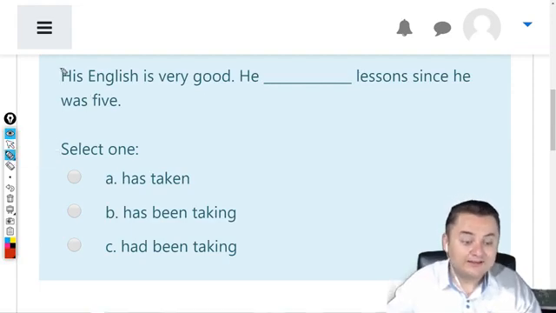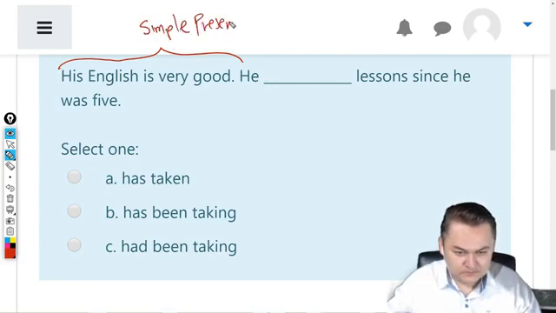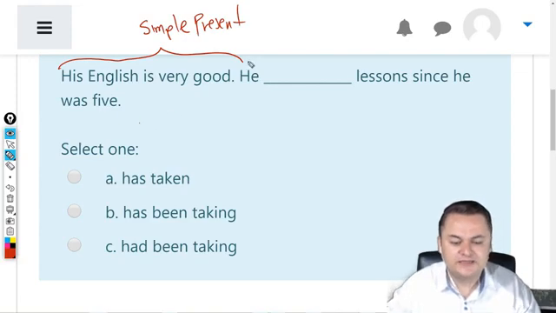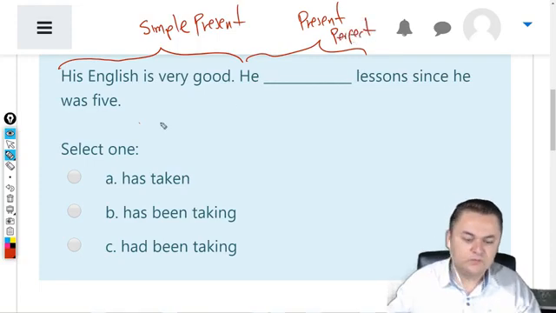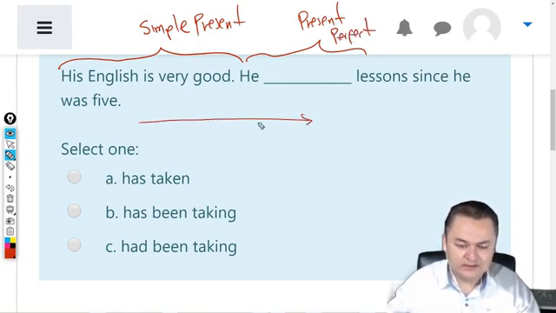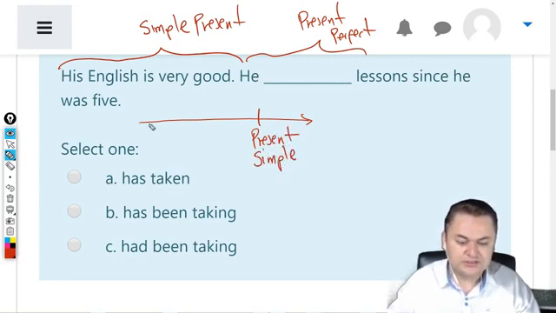Okay, now in this case, this is simple present. So according to the order of tenses, this should be present perfect. Let me tell you why. If this is the timeline again, this is the present. In this case, it should be simple. Mostly, it could also be progressive.